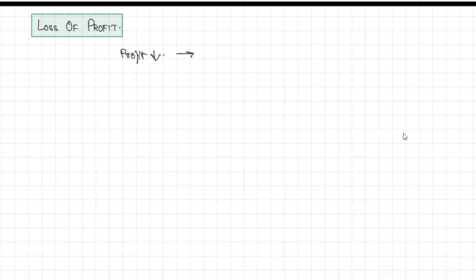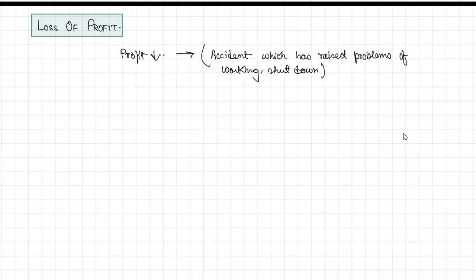Now, when I ask you the reason for this, maybe any sort of natural incident or accident, correct, any kind of accident which has resulted in the problem of working or shutdown.